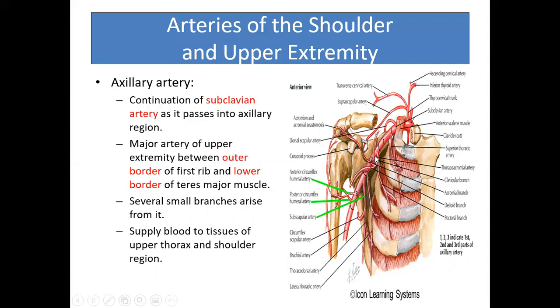If you see here, this is the first rib, the outer border of the first rib, and the lower border of the teres major. So this is the extension of this artery. There are several small branches that arise from this axillary artery that you have to know. This axillary artery supplies blood to the tissue of the upper thorax and also the shoulder region.